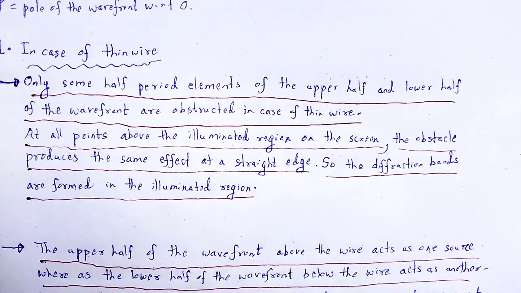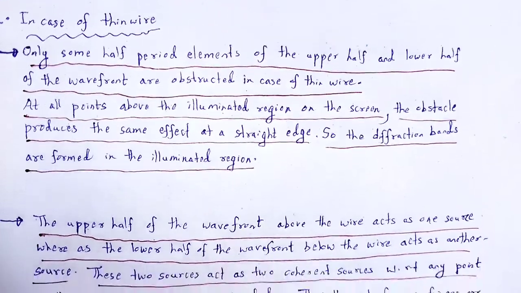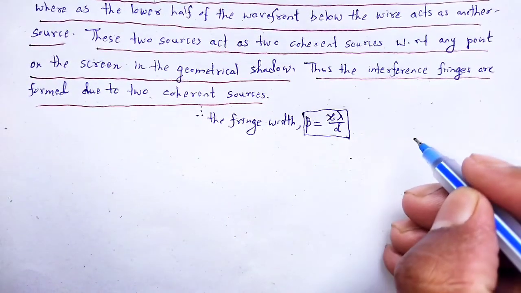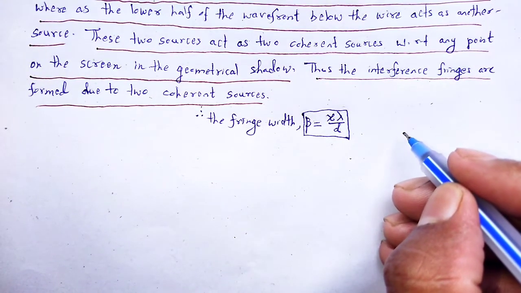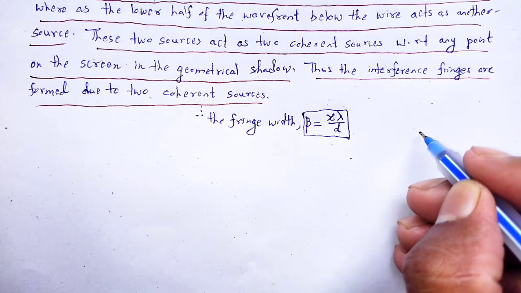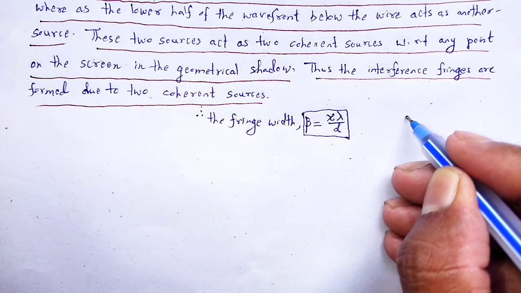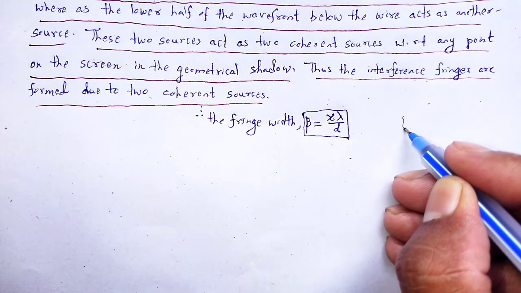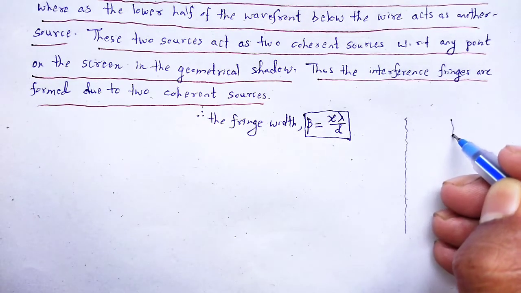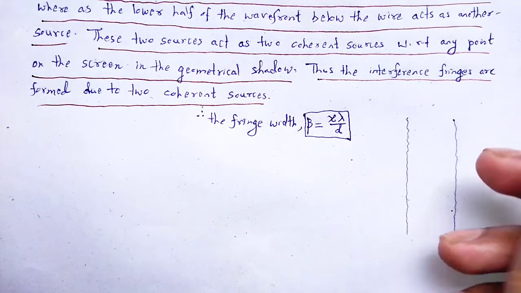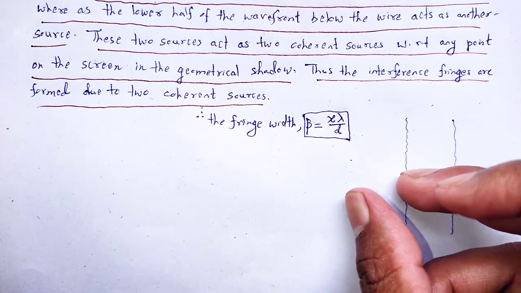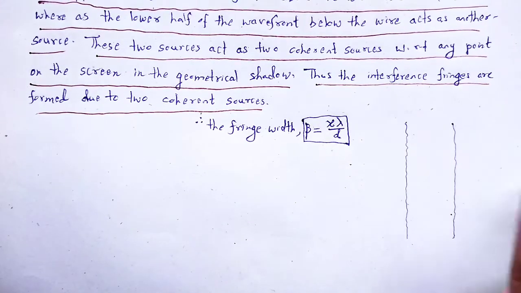So, what will be the intensity distribution? Let me figure it out. That portion is the geometrical shadow region, and that is the illuminated region, that is also the illuminated region.